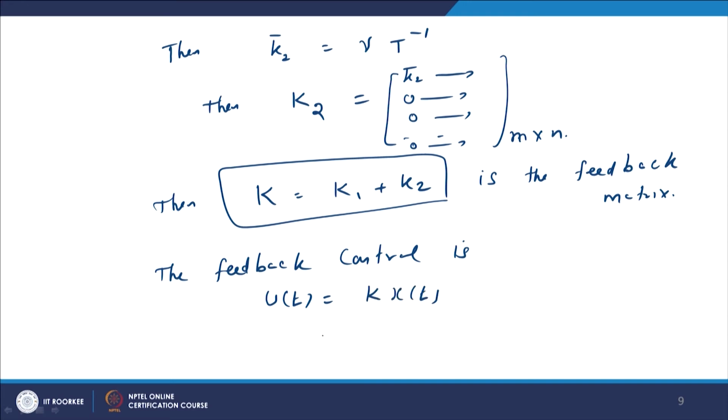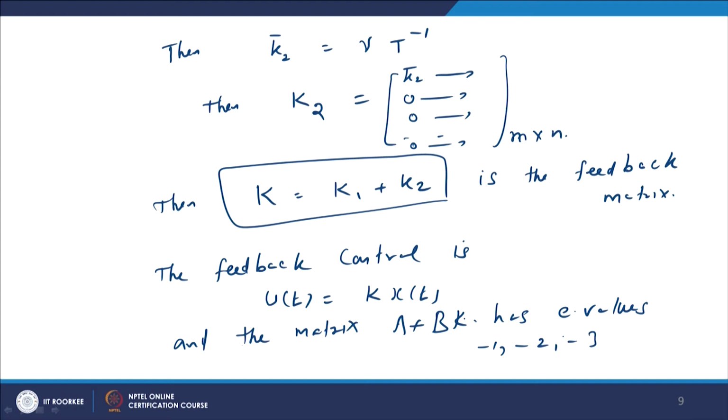So, the feedback control is given by u of t equal to k into x of t, and then the matrix A plus B into k has eigenvalues -1, -2, -3. This can be easily verified by actually calculating the eigenvalues.